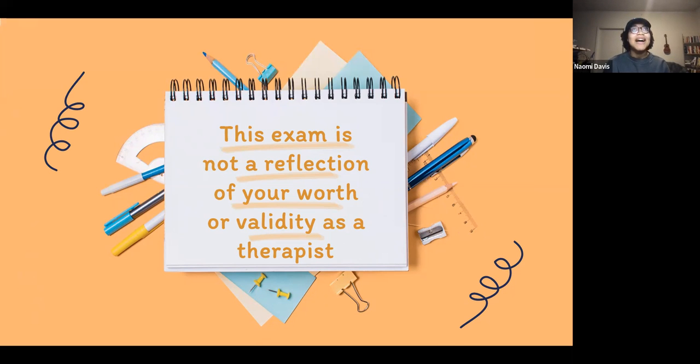But I just want to remind you, if someone hasn't told you this before, but I'm sure that they have, this exam is not a reflection of your worth, and it's definitely not a reflection of your validity as a therapist. By the time you get to the point of taking this exam, you are a therapist. This is just the piece of paper that you have to check off to get to the next stage, and be able to walk in the truth of who you already are and the profession that you are already a part of.